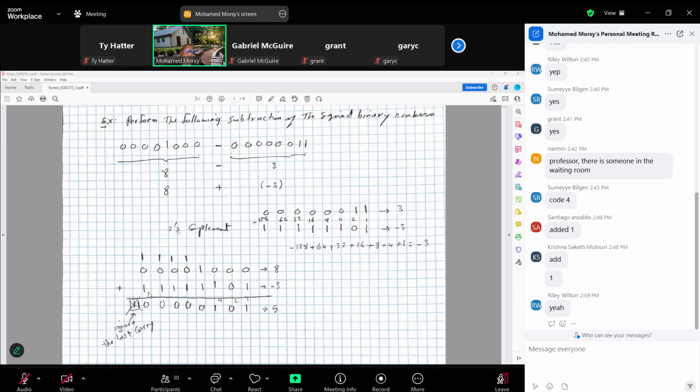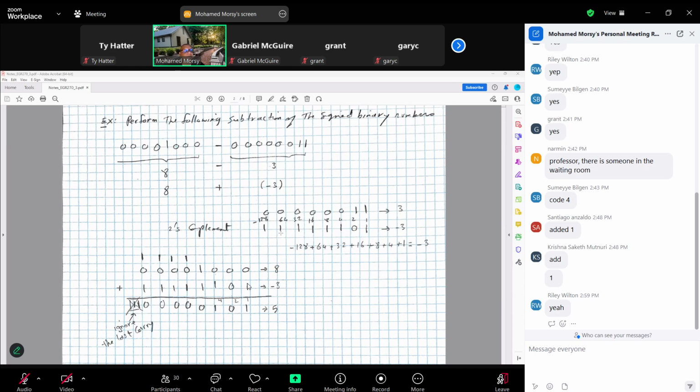Again, we copy the bits until we reach the first bit 1. We copy this bit 1 as it is, then we invert the rest: 1 to 0, 0 to 1, 0 to 1, and so on for the rest of the binary digits.